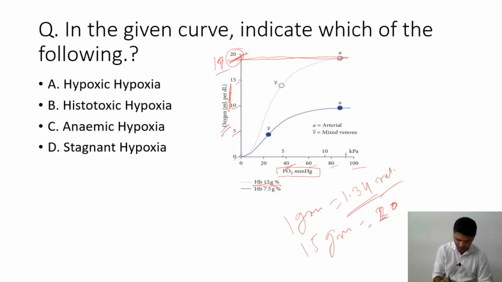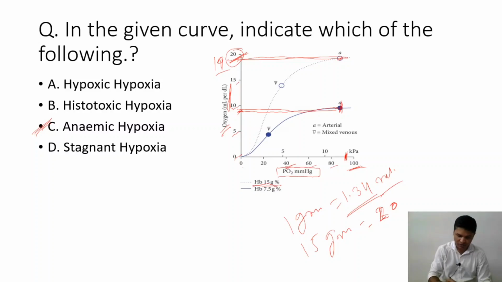In the other graph, the partial pressure of oxygen is okay, around 95 or 100, at the same level, but total oxygen is around 9 or 10 ml, less than 10. This clearly indicates that this is the anemic type of hypoxia. So the answer will be anemic hypoxia.